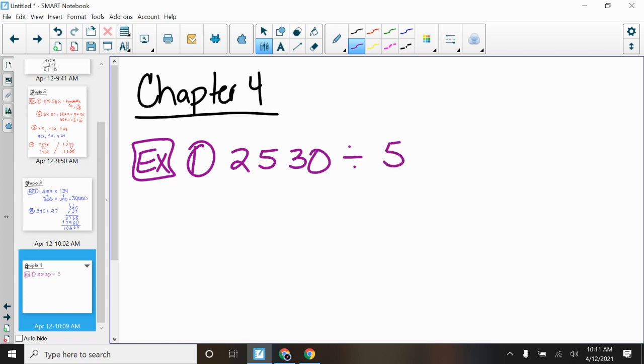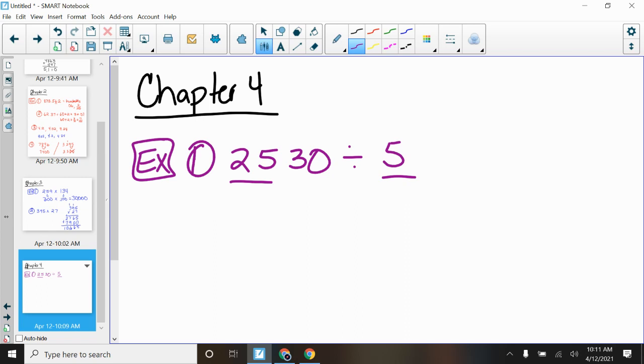So you're going to use compatible numbers to solve, which means you're not getting an exact answer. Compatible numbers is a type of estimating. So we're going to estimate here. We're going to look to see, at the beginning of this problem, do you see anything in 2,530 that is compatible with 5? What do you see, Brody? 25. He sees 25. He noticed that 25 and 5 are compatible numbers.